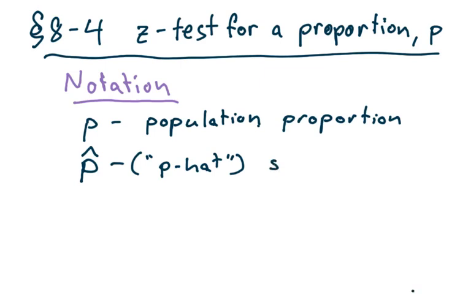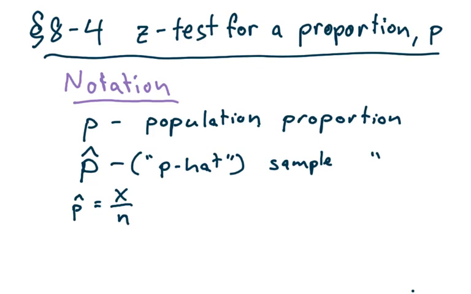And that will be our sample proportion. To compute P hat, you will take the number of people in your sample that have the characteristic you're looking for, whatever it is, and divide by the total number of people in your sample.